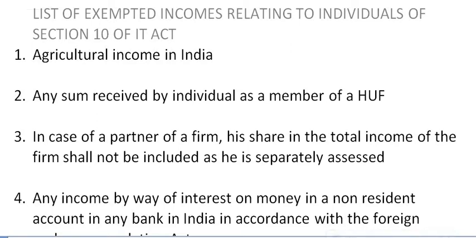Third income is an exempted income, where there is a certain list of incomes. If you come across such kinds of income, they should be treated as exempted income, and those incomes are not considered while computing gross total income of an individual resident.